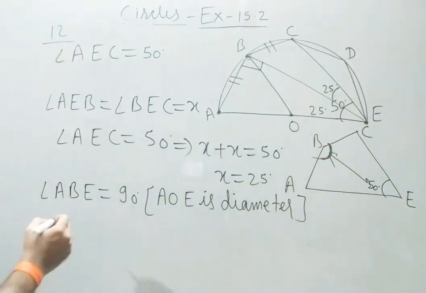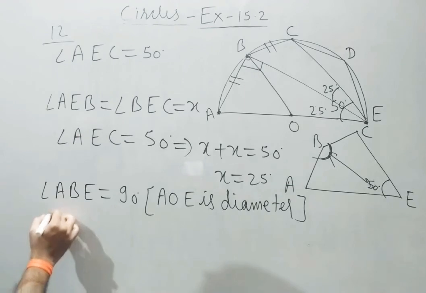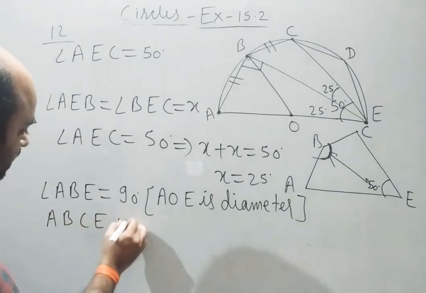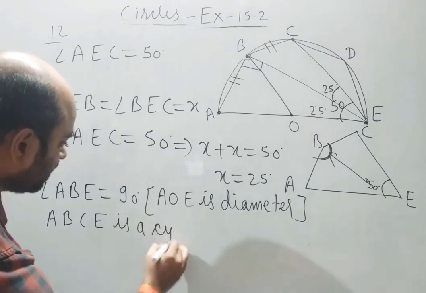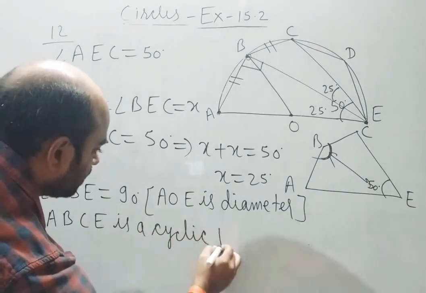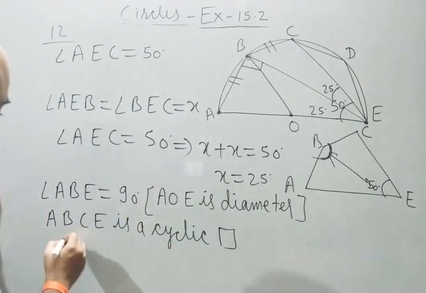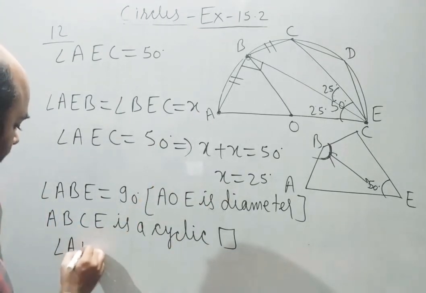So I am writing ABCE is a cyclic quadrilateral. Correct? Visible. Then what is the value of angle ABC?